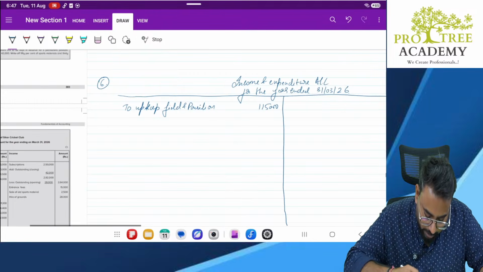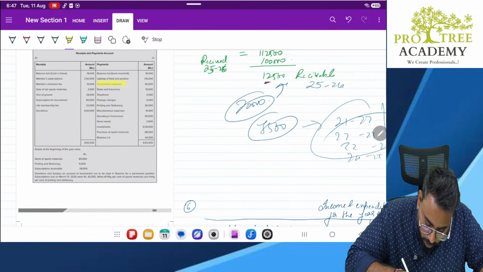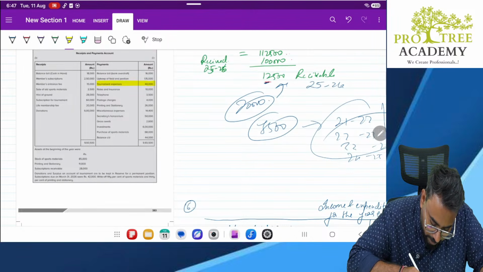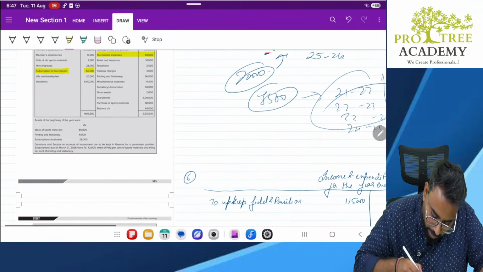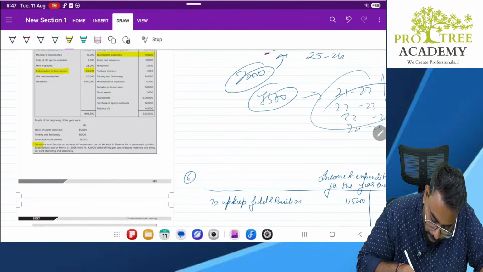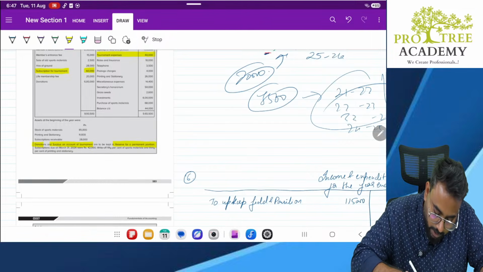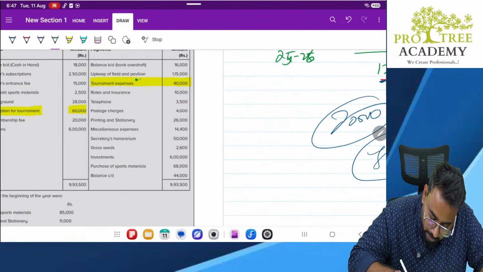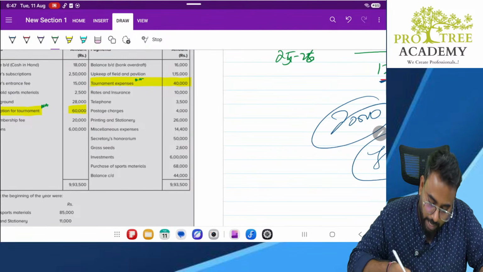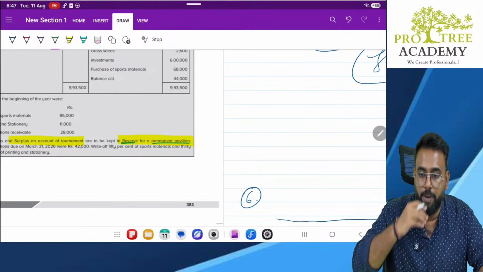See, what has happened is, there is tournament expenses, but at the same time there is a subscription for that. And in the question they have given that donations and surplus on account of tournament are to be kept in reserve. That means this tournament expenses needs to be adjusted against this, and whatever excess is there has to be kept as reserve for permanent pavilion.